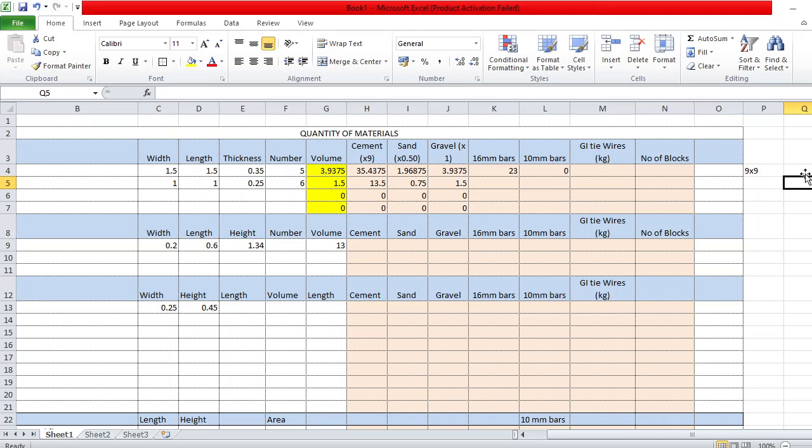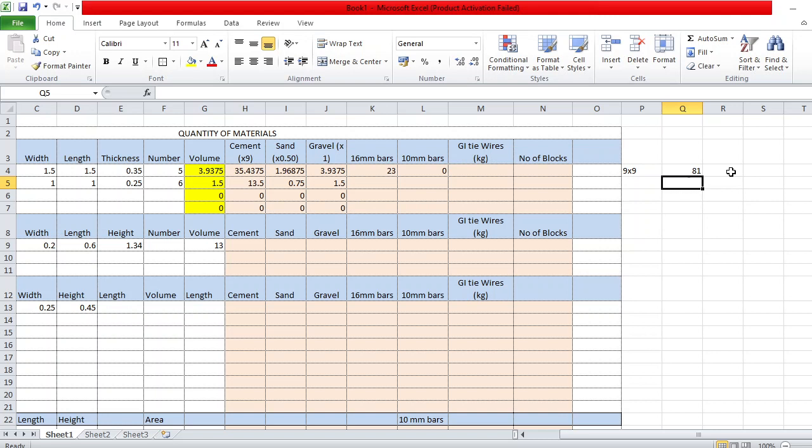If there are 81 intersections, ilang GI towers kailangan mo? Actually, there will be 81 intersections for footing 1 lang. Diba? However, how many footings do we have?